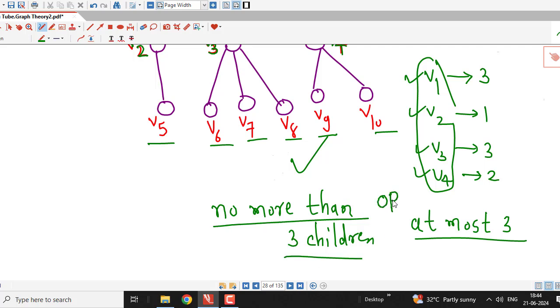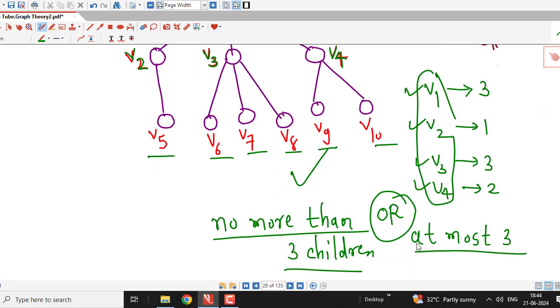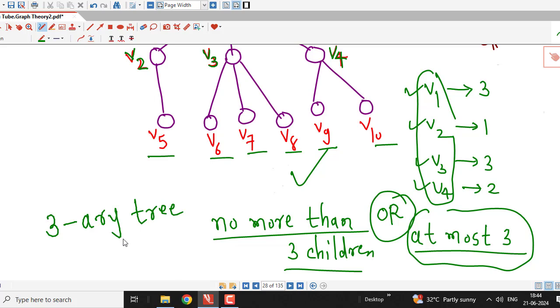In other words, every internal vertex in this rooted tree has at most 3 children. So we can say that this is a three-ary tree. That is the meaning of a three-ary tree: a rooted tree is called a three-ary tree if every internal vertex has at most 3 children.